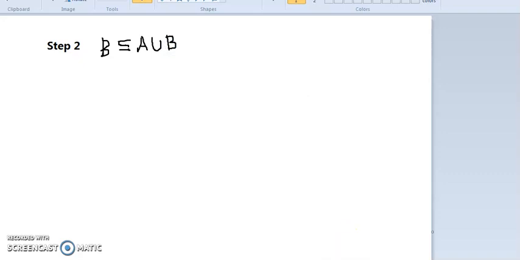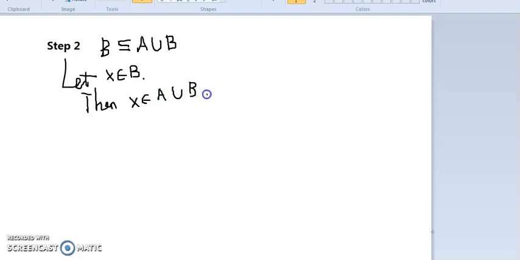X could be in A or could be in B. But in step 2, because we pick this X from B, we already know for sure X is from B. And if X is in B, then X is in A union B. Immediately, this follows from the definition of union, which says if X is in one of them, doesn't matter if it's in A or in B, then X has to be in the union.